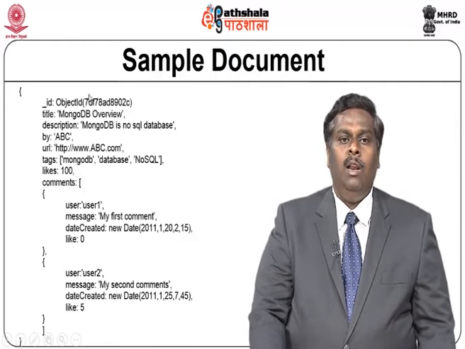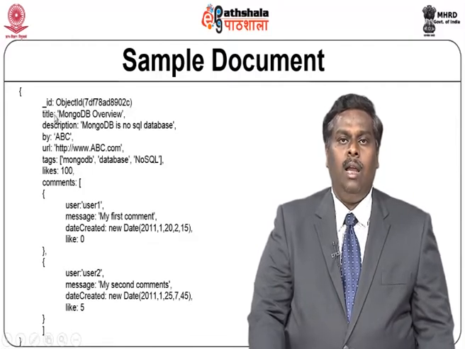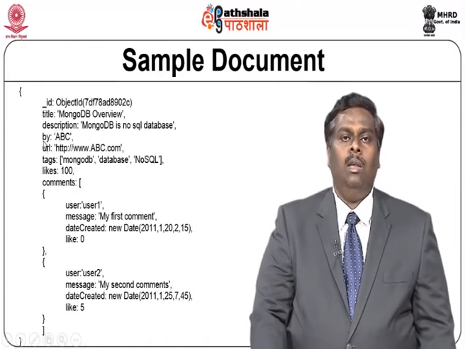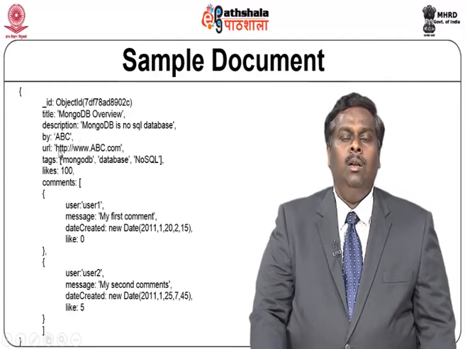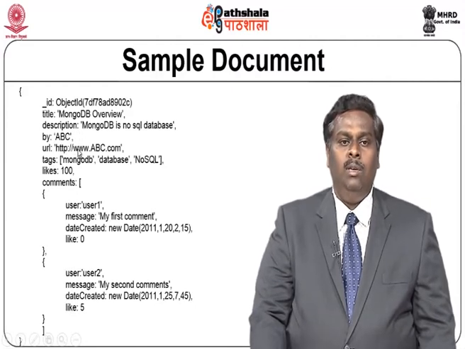Every document will have its own fields like title as shown here, description of the document, who is the author or who created this document by field, then in which URL this document content is highlighted, tags related to this document.